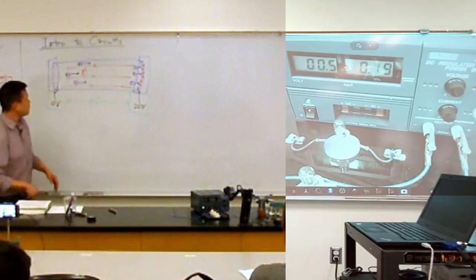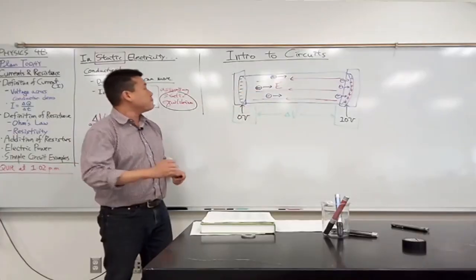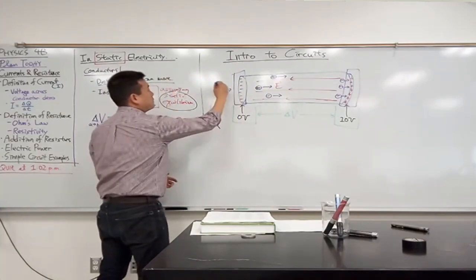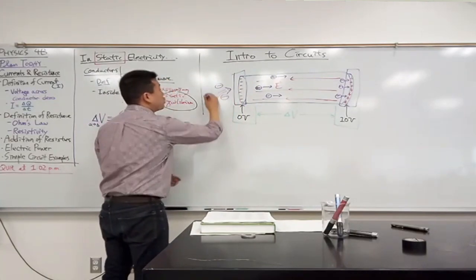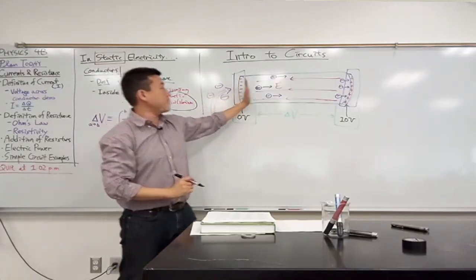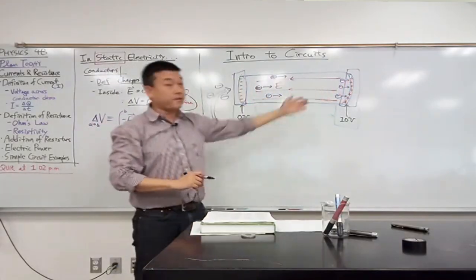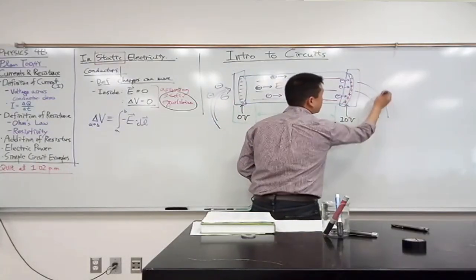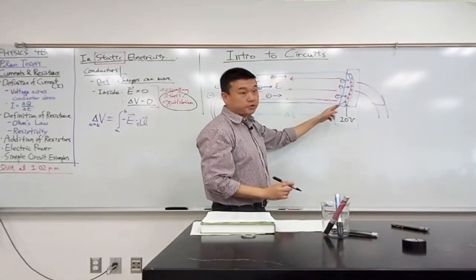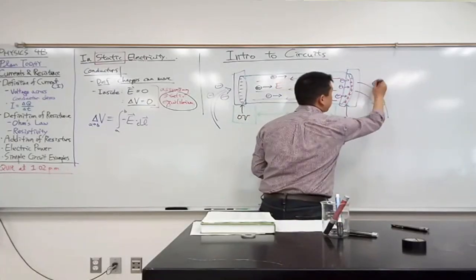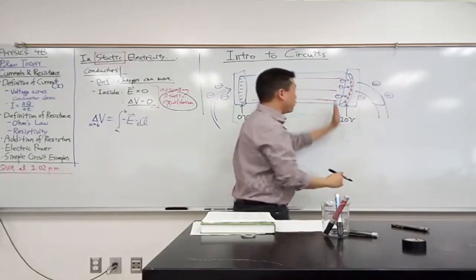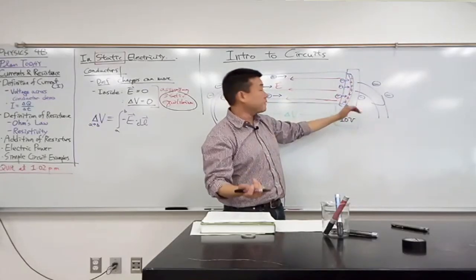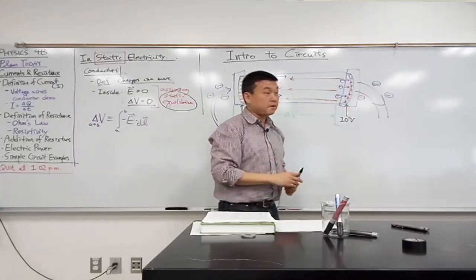To maintain this setup, there must be a continuous supply of negative charges coming in to replace the charges that are being lost as they move from one end to the other. And here, there must be a continuous extraction of these negative charges from this end, so that as negative charges come in, they don't make this end's net charge 0, and this end remains net positive.